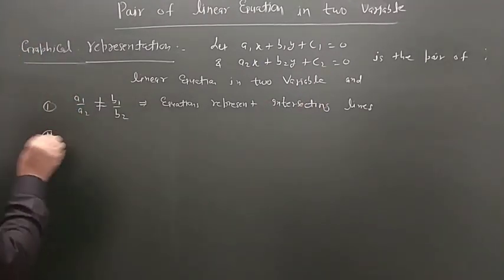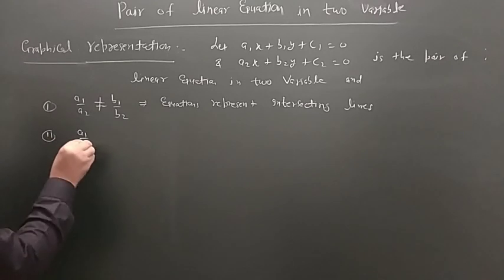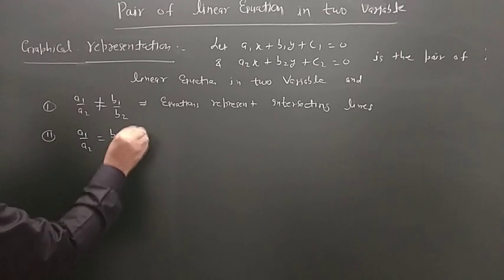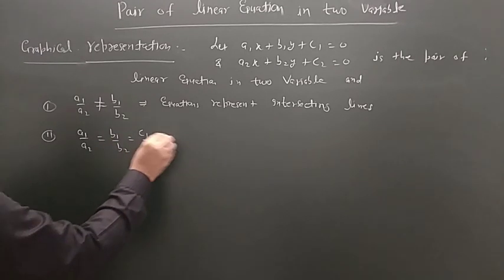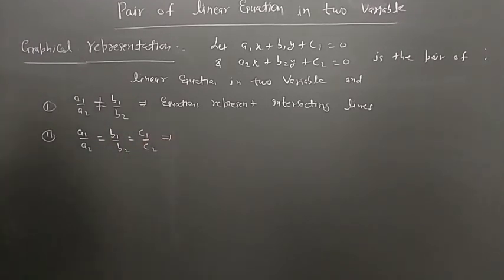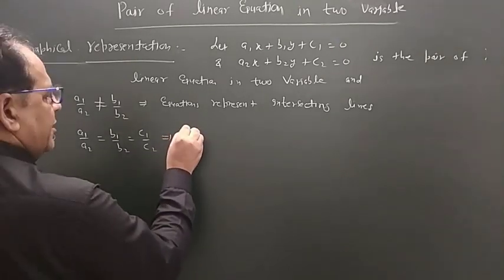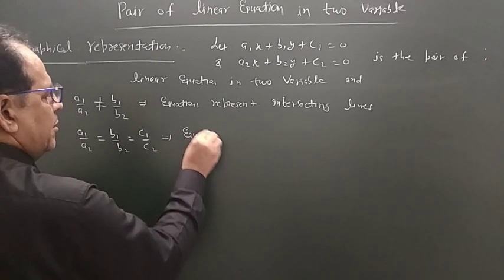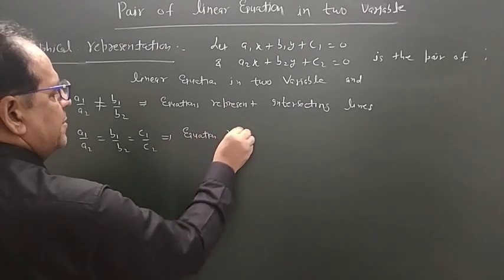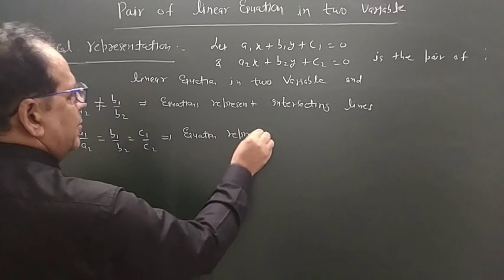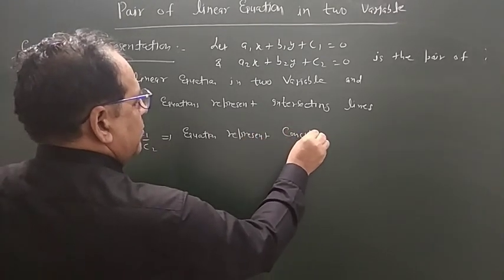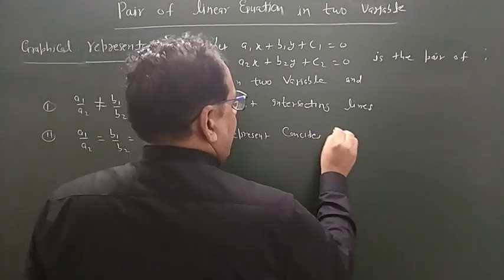Second category, a1 upon a2 equal to b1 upon b2 equal to c1 upon c2. The equations represent coincident lines.